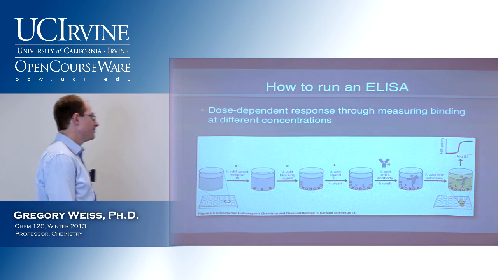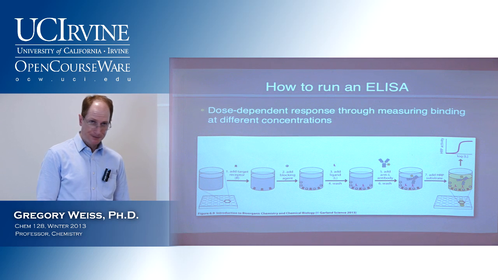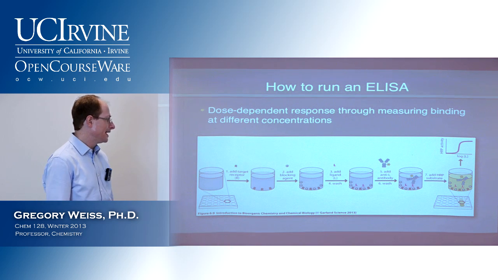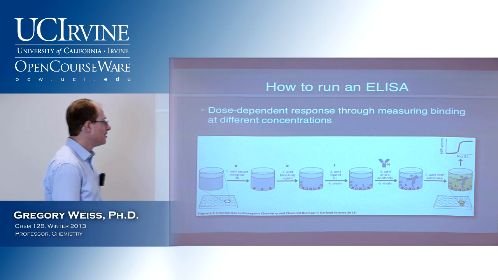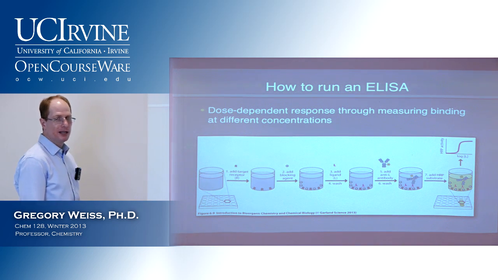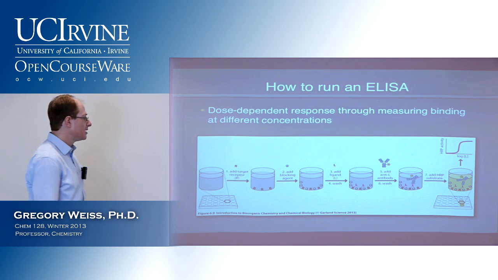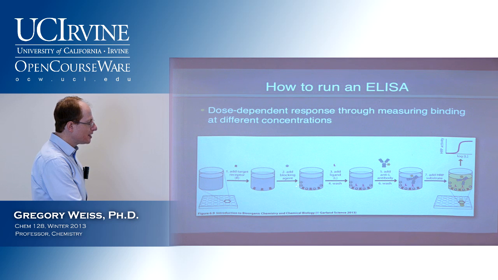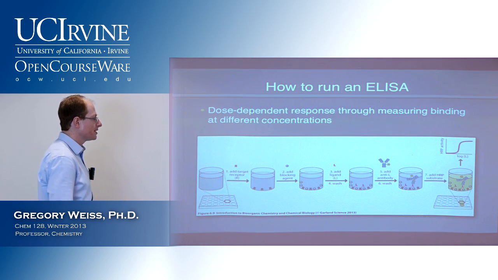The problem is that if the surface likes to bind receptors, it'll also bind the ligand, and we don't like that. So we add a blocking agent, typically non-fat milk, solubilized, and we coat any other place on the surface of this well that might otherwise bind non-specifically to ligand.